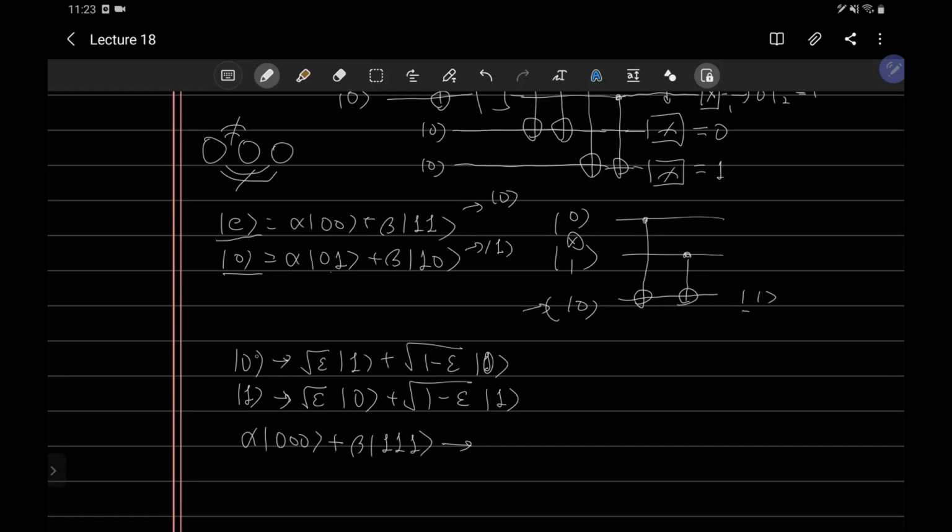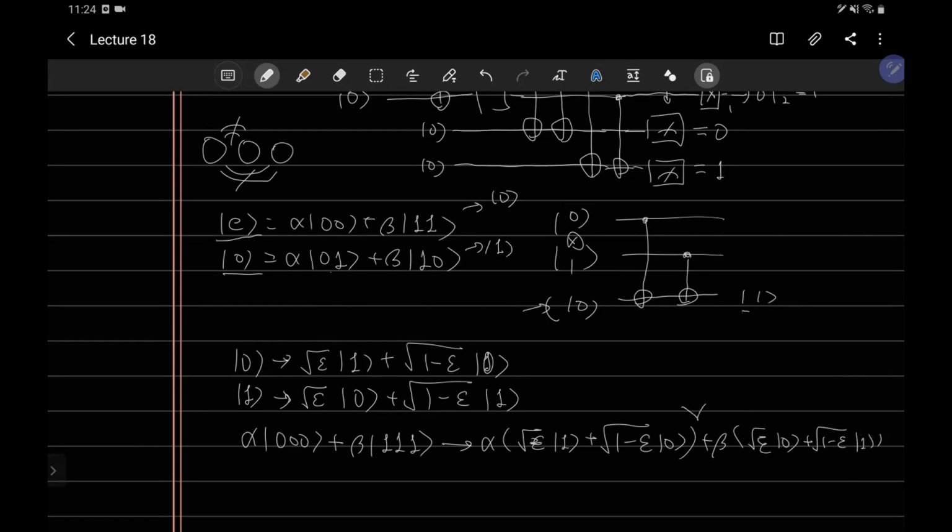Then because of this probability, we might actually have a superposition of square root of epsilon 1 plus square root of 1 minus epsilon 0 for alpha, plus beta times square root of epsilon 0 plus square root of 1 minus epsilon 1.